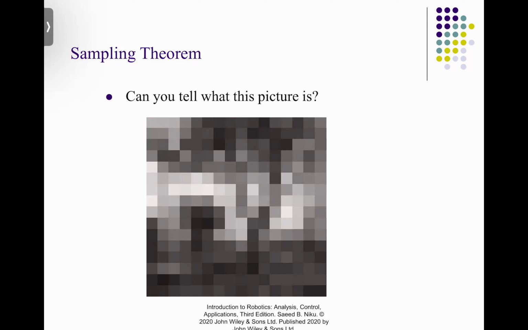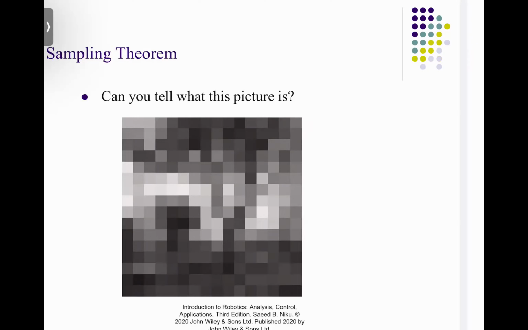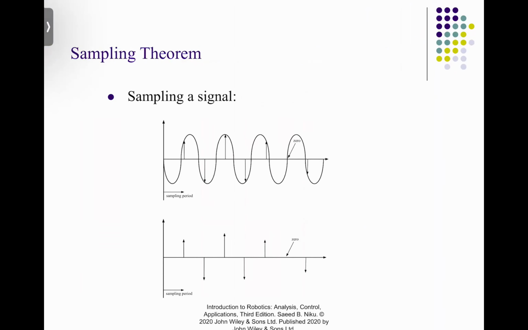One thing I want to tell you is that there's an interesting concept in the field of sampling, which I will talk about in just a minute. Please try to understand, you have a sinusoidal signal.